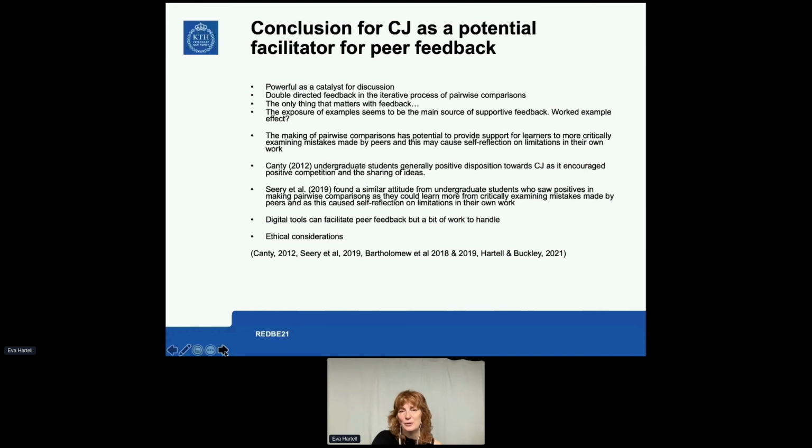And also these pairwise comparisons provide support for learners to more critically examine how they can do even better. But there are, of course, ethical considerations here that you should always be very careful about. So think ahead what you want to do.